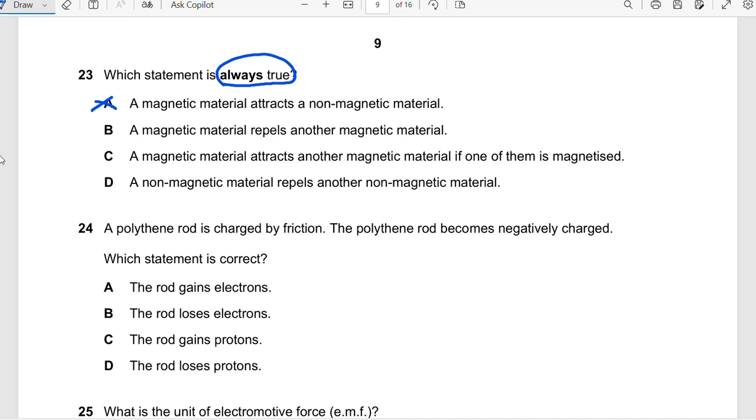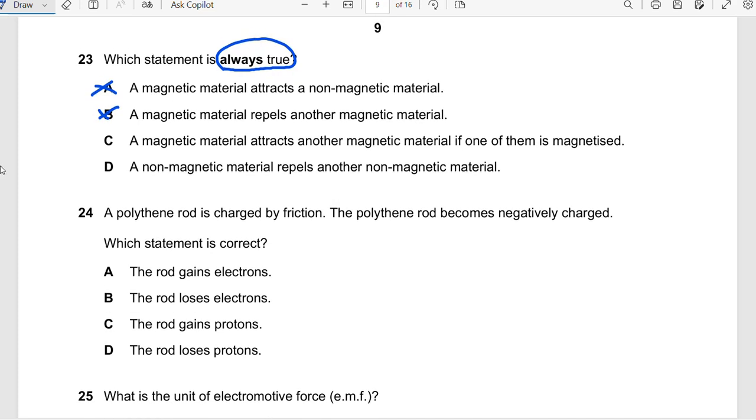No, it's not always true. In C, they say a magnetic material attracts another magnetic material if one of them is magnetized. If one of them is magnetized, yes, this is possible. Let's check D. A non-magnetic material repels another non-magnetic. No, actually they don't. So it's option C.